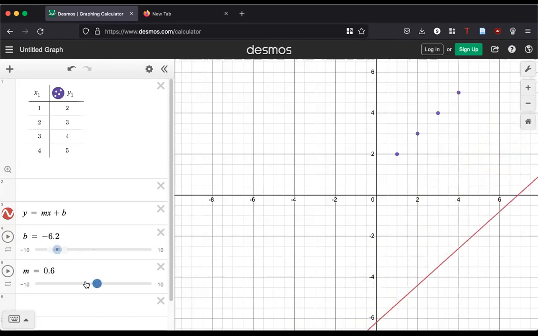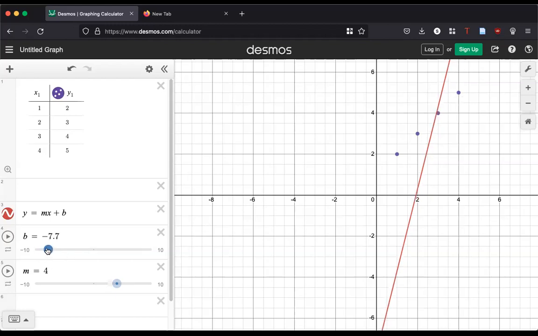Can you see the gradient, how it is working? So our job now is to tune the bias B and the gradient M so that the model fits perfectly.